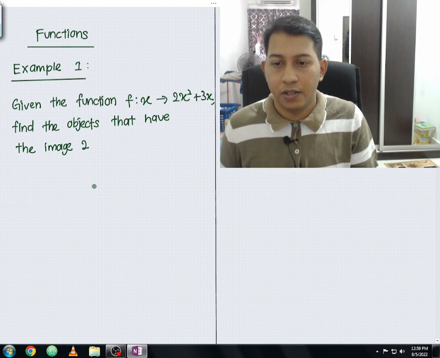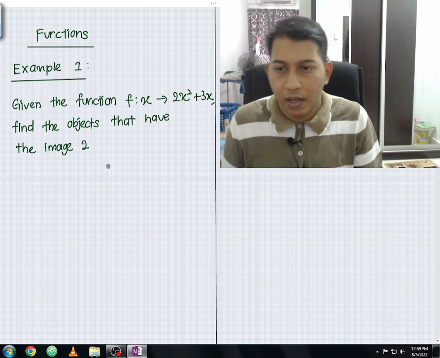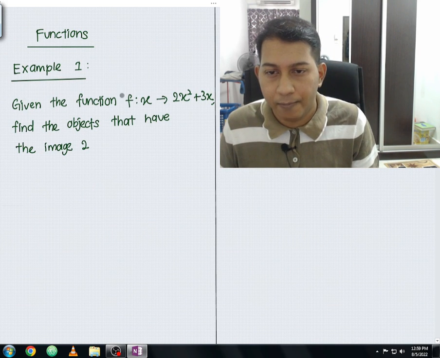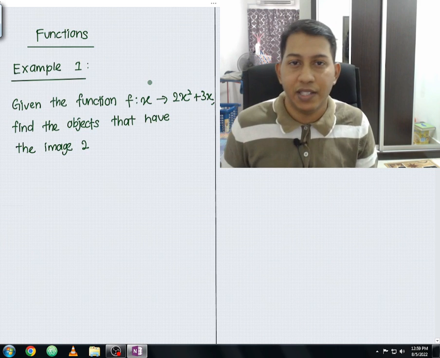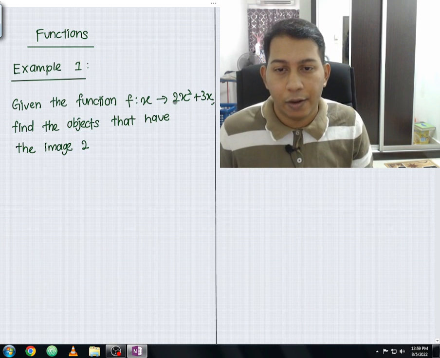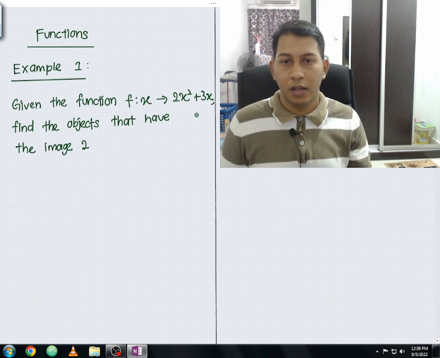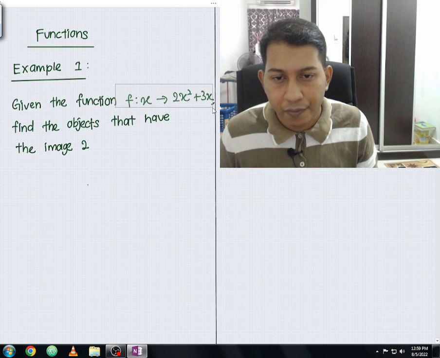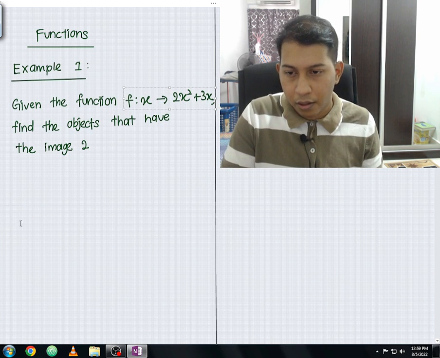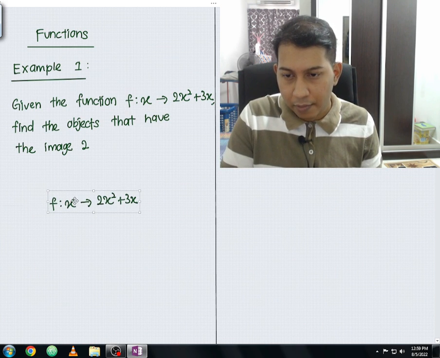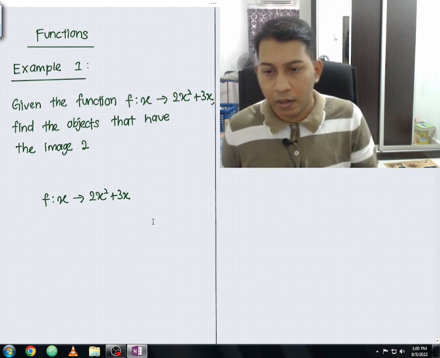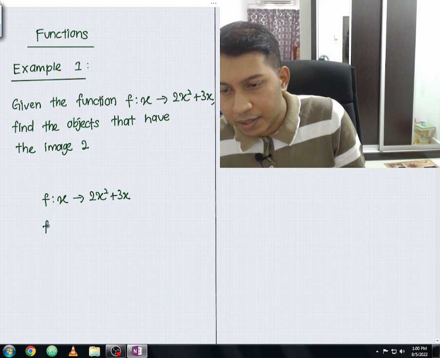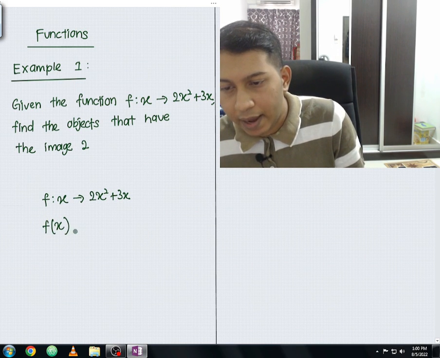The first step is, when you read this type of question, you take a look at the function over here. It mentioned that f colon x arrow 2x squared plus 3x. I just want to tell you that the function can be denoted, you can write your function in this way, and you can also write your function in this way as well: f(x) is equals to 2x squared plus 3x.